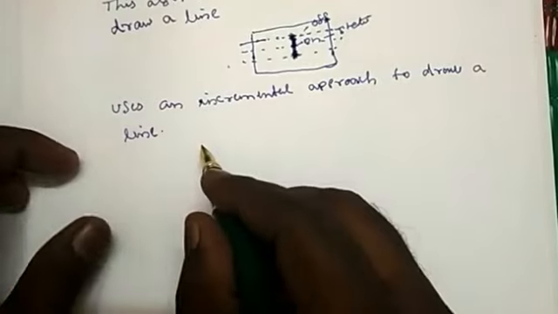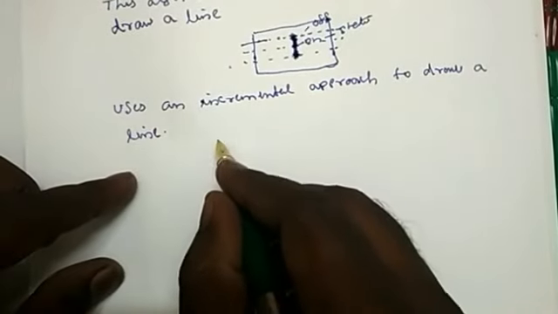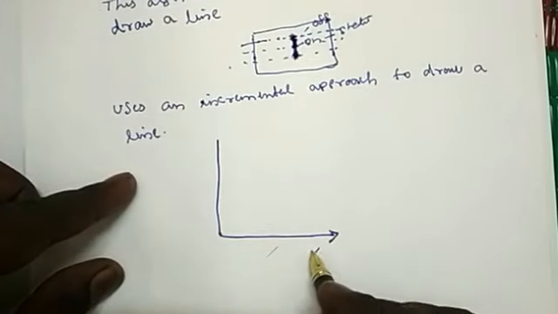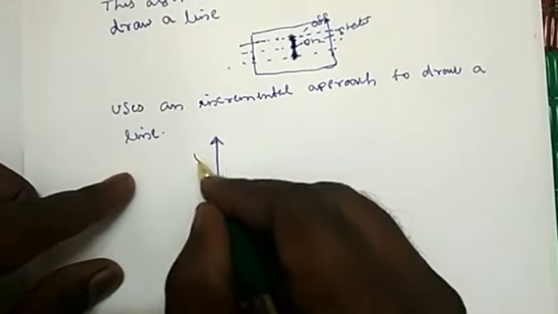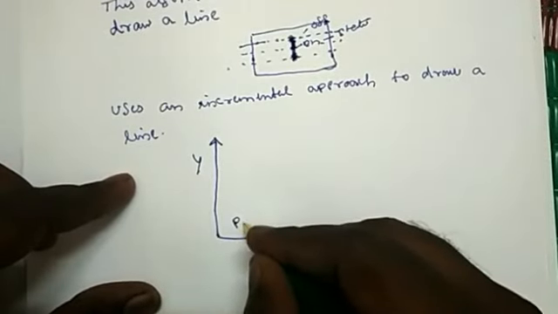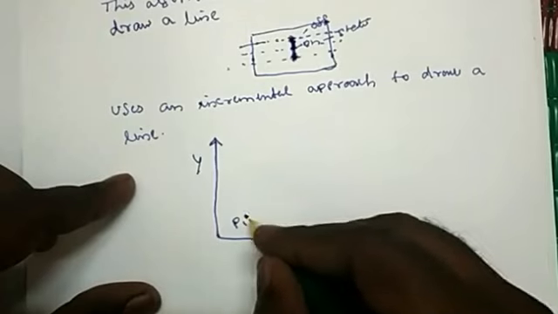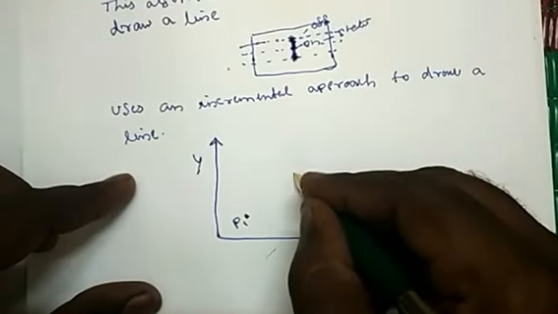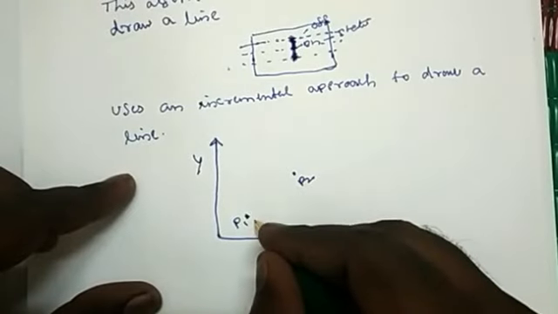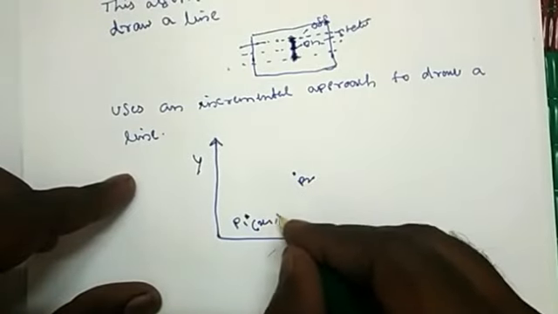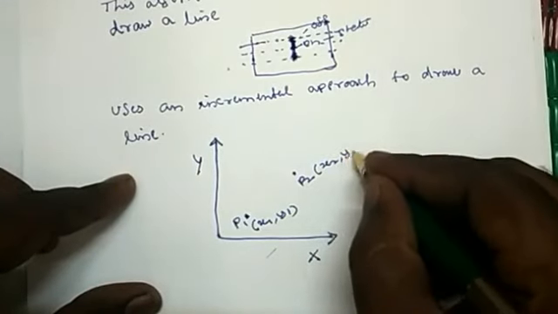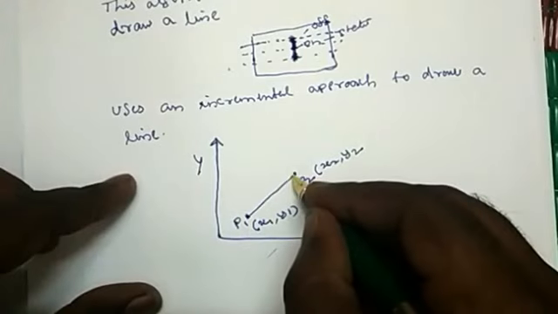Let us assume that I have a graph like this, which has an x-axis and a y-axis. I want to draw a line from point P1. Let us assume this is point P1, and I want to end it at P2. Point P1 has coordinates x1, y1, and point P2 has coordinates x2, y2. I want to draw a line from P1 to P2.